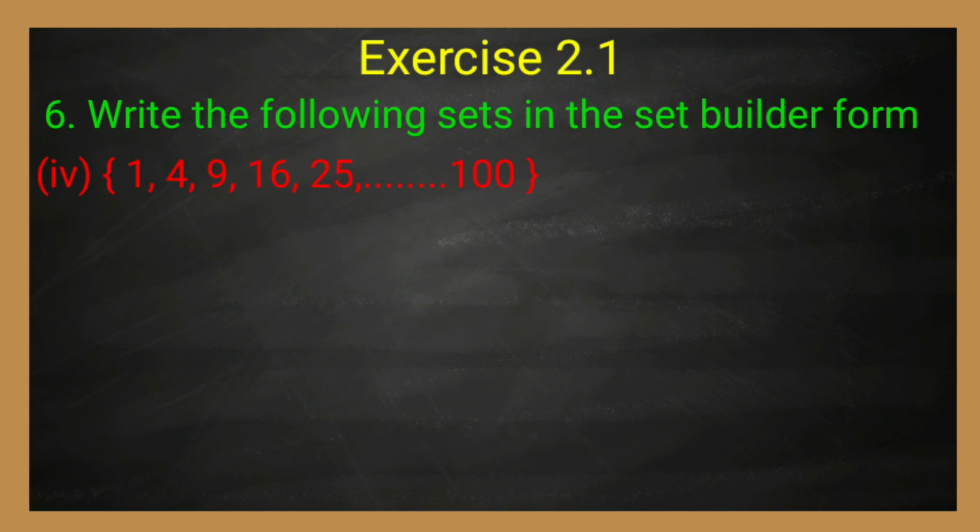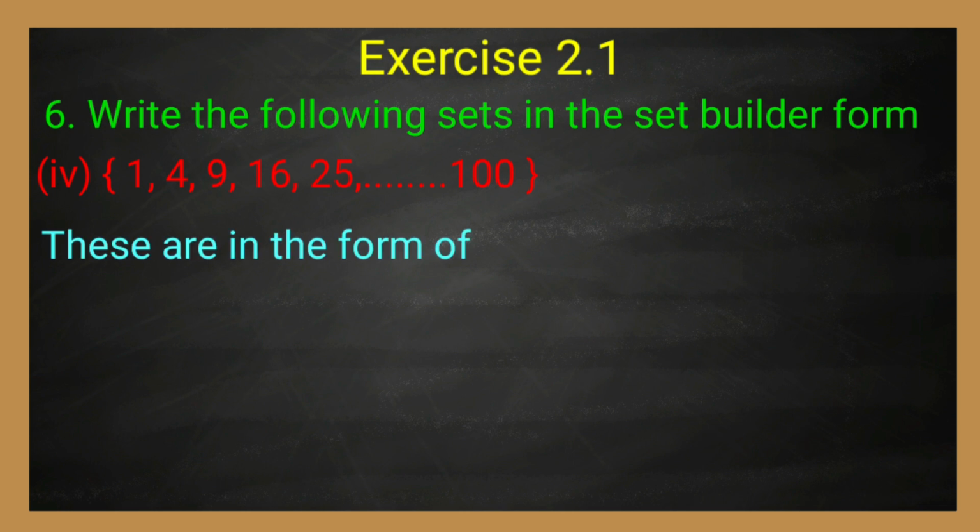Now the fourth question, set of 1, 4, 9, 16, 25, etc. up to 100. Here we should know about the common formula of the elements. 1, 4, 9, 16, 25, etc. up to 100 are in the form of 1 square, 2 square, 3 square, 4 square, 5 square, etc. up to 10 square.